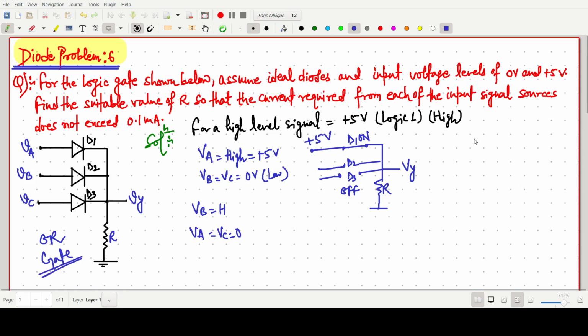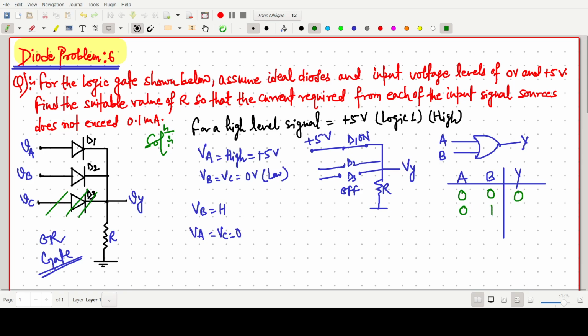Once again, using a simple case: instead of three inputs, consider two inputs, A and B, and output Y. If both are zero, the diodes are in reverse bias, open circuited, so the output will be almost zero.